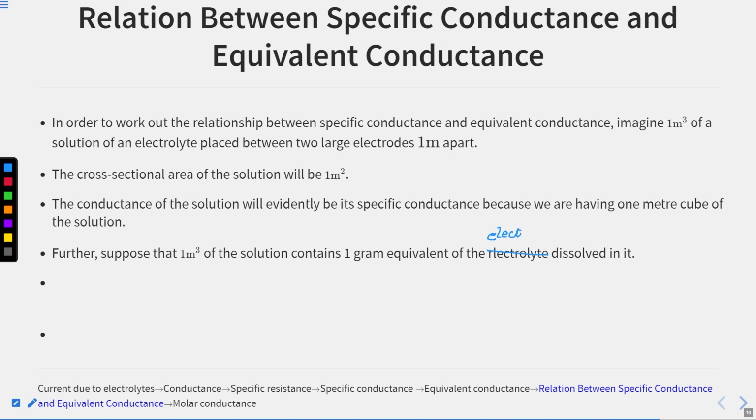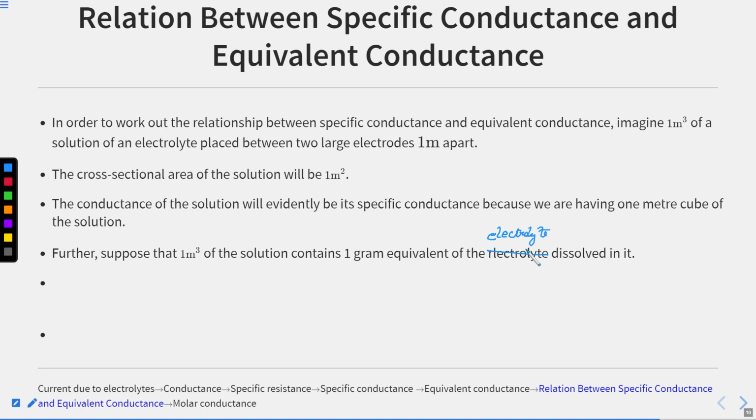By this, what I mean is that we are taking an electrolyte having a volume of 1 meter cube, and dipping the electrodes in it such that the distance between the two electrodes is 1 meter. Therefore, the cross-sectional area is 1 meter square, and hence the conductance will be equal to specific conductance.